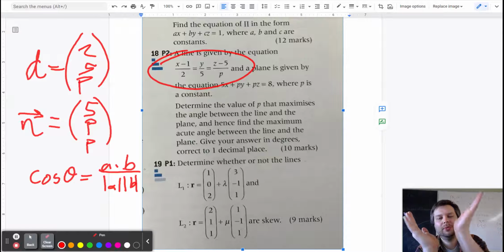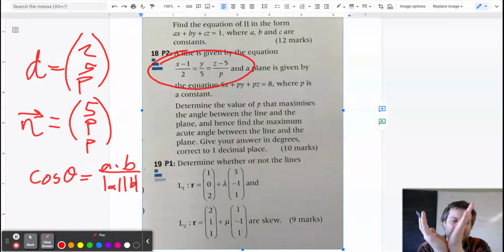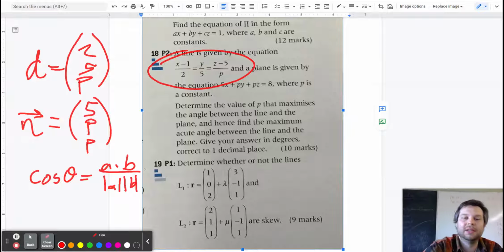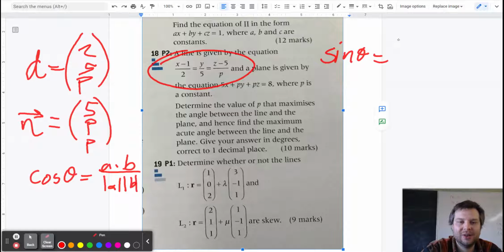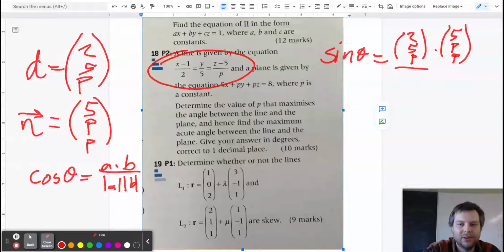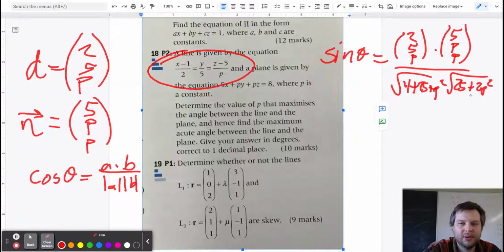But that tells us the angle between the two vectors that we use. But we actually were using the normal vector to the plane. And so the sine of theta is the one that tells us the angle between the plane and the line. And so what we do is set up sine of theta equals (2, 5, p) dot (5, p, p) over the magnitude, so 4 plus 25 plus p squared, 25 plus p squared plus p squared.